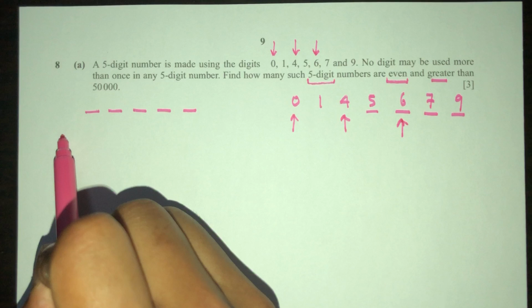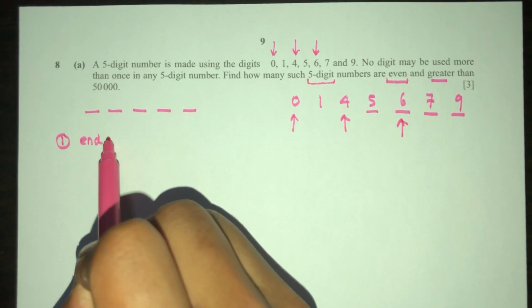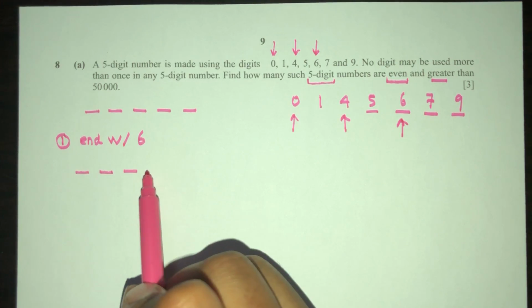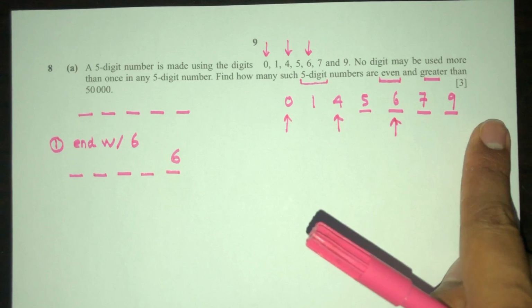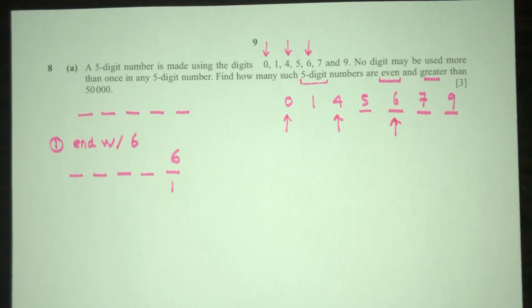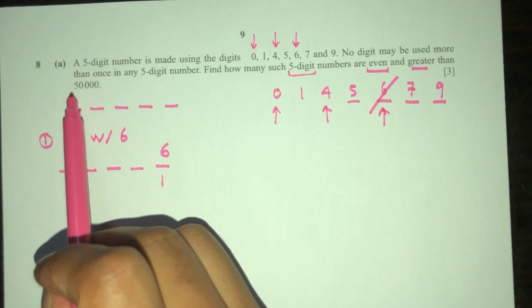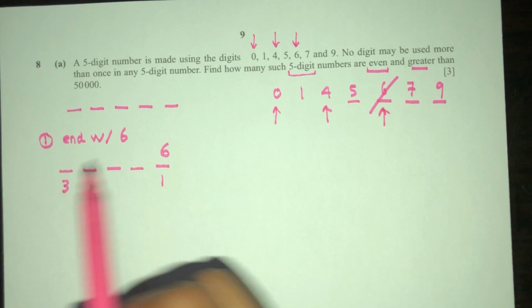For example, case number 1, let's say we end with 6. So we have 1, 2, 3, 4, 5. We'll put 6 here. Now from the list, we have only 1 six. That is only one way of putting 6, one option. Now, 6 is gone. Now for the number to be more than 50,000, we can start with 5, 7 or 9. That will be 3 options. Let's say we put 5.